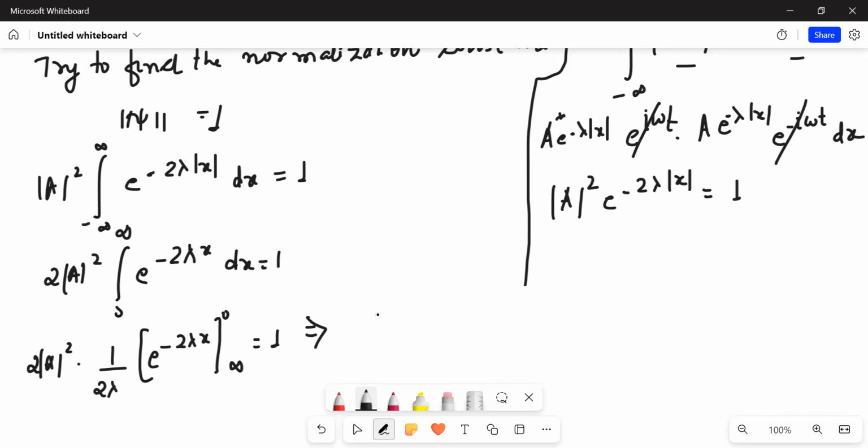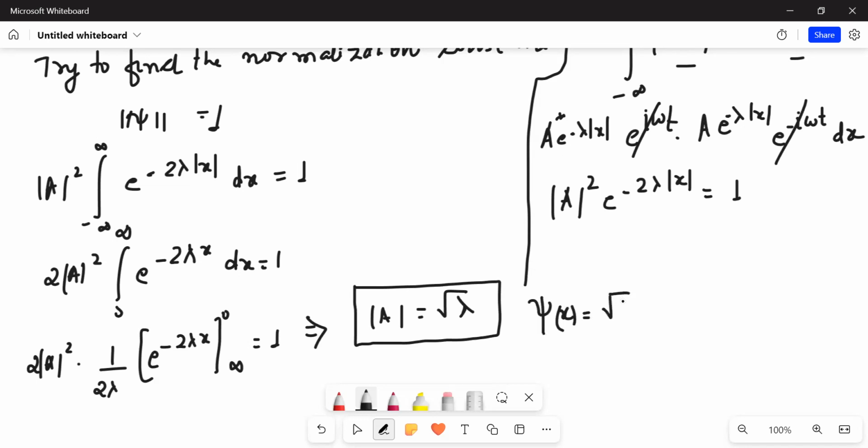So that implies your mod A should be equal to root over lambda. So your normalization constant is root over lambda. Therefore your normalized wave function appears to be root over lambda e to power minus lambda modulus of x e to power minus iota omega t.